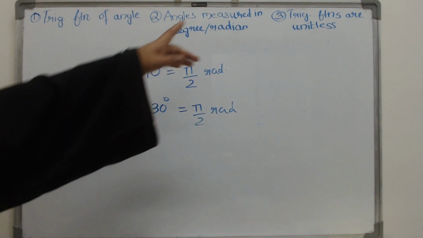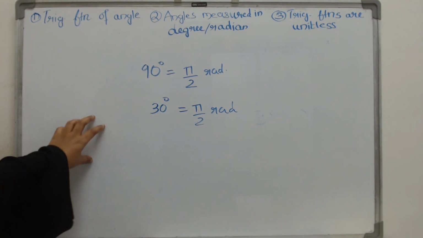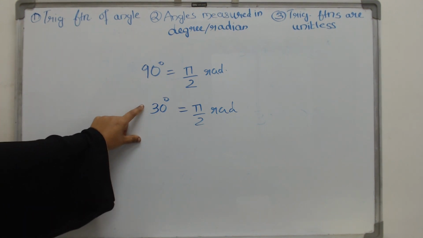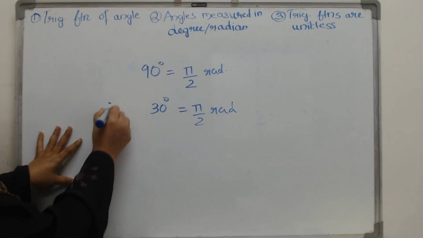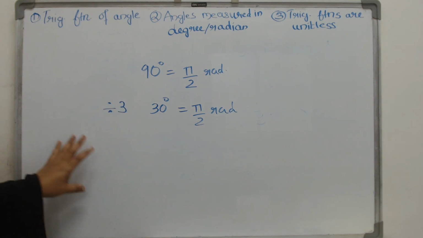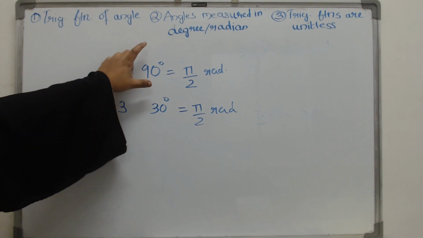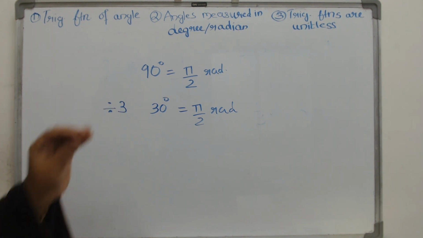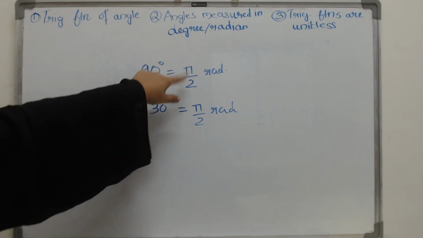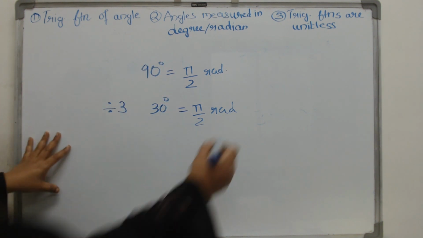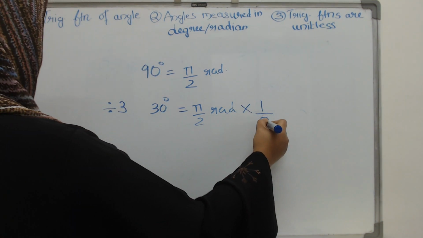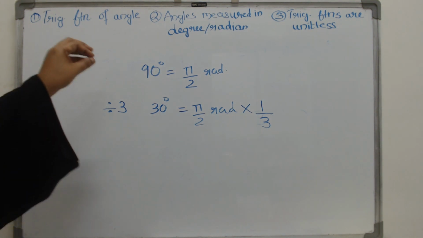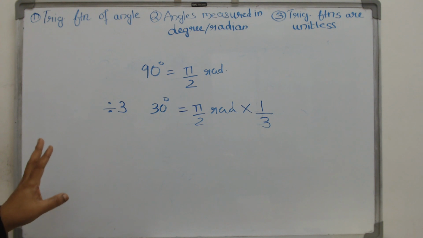Now, before I go to the third property, let me just tell you something. From this equation, how do you get this equation? We said all you need to do is divide by 3, right? When you are dealing with whole numbers, divided by 3 will be very easy to do. But a shortcut when it comes to fractions is multiply by 1 by 3. Now this has got nothing to do with trigonometry. This is basic maths, basic multiplication.